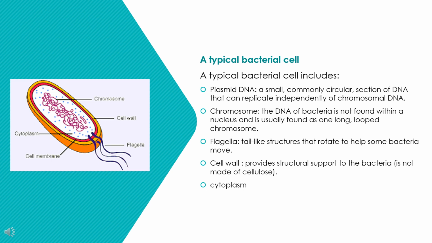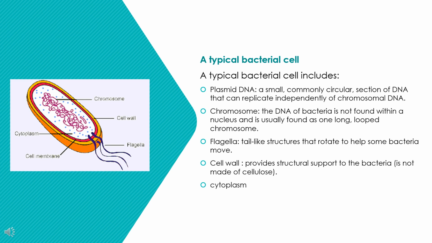The plasmid DNA is a small, commonly circular section of DNA that can replicate independently of chromosomal DNA. Chromosome: the DNA of bacteria is not found within a nucleus and is usually found as one long looped chromosome.